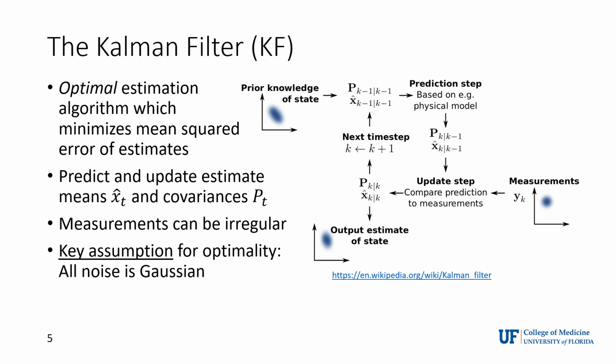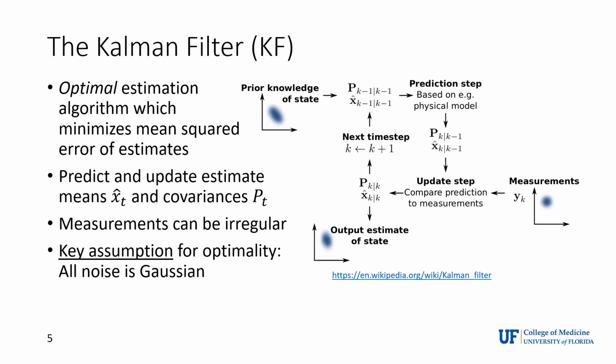The way that it works is highlighted here. This is from the wiki article if you go and check it out. But the essence is we start off with some kind of prior knowledge of the state. These will be our best guesses for where we're starting things off. And then the cycle is exactly what we saw before. We'll have a prediction step based on our computational or mathematical model.